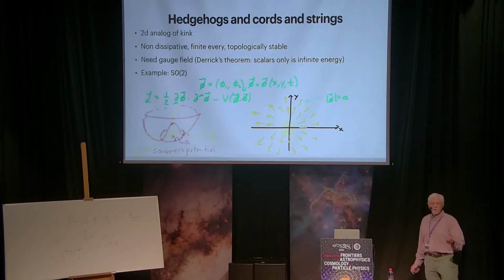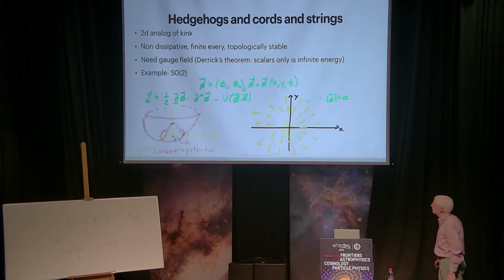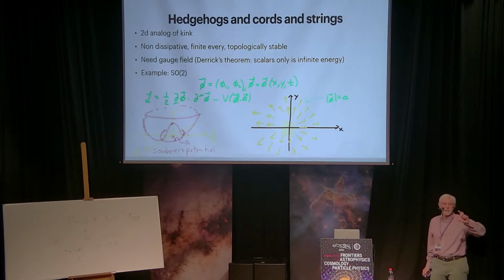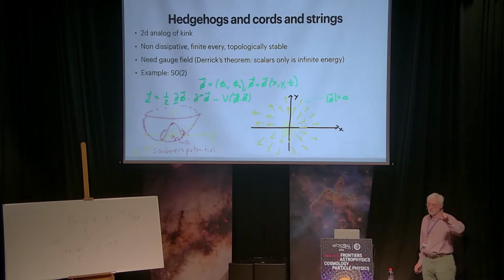So can we do the same thing in 2 space dimensions plus 1? Well, you would like to do that, and one way to do that is having a field that has 2 components. So think of a scalar field, which now is a little vector in some sort of internal space.